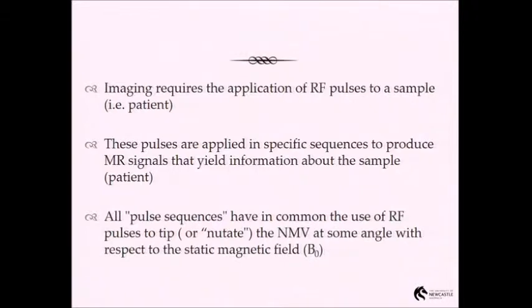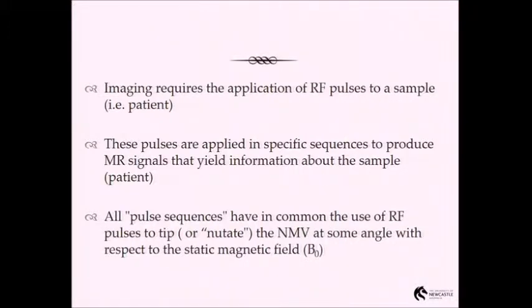So as I said, the pulses are applied in specific sequences to produce signals that yield information about the sample or the patient. Depending on whether we're doing a T1 weighted versus a T2 weighted, the pulses are applied differently, and then they're applied differently again for axial imaging, direct coronal, direct sagittal, and how much spatial resolution we want, how small we want those pixels to be.